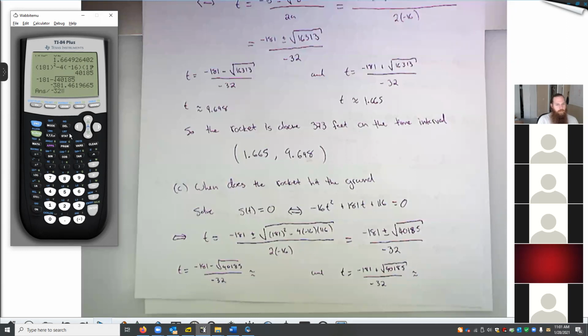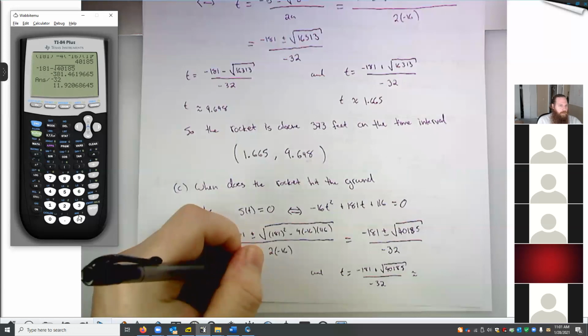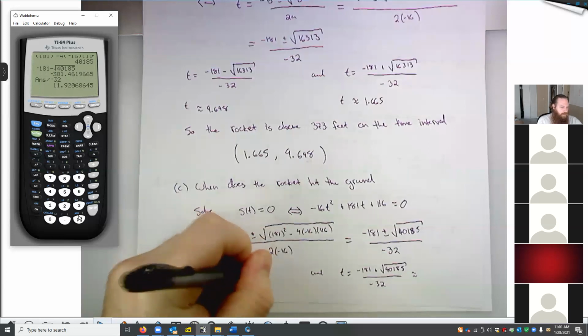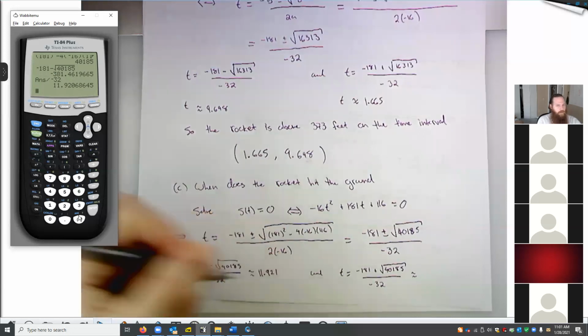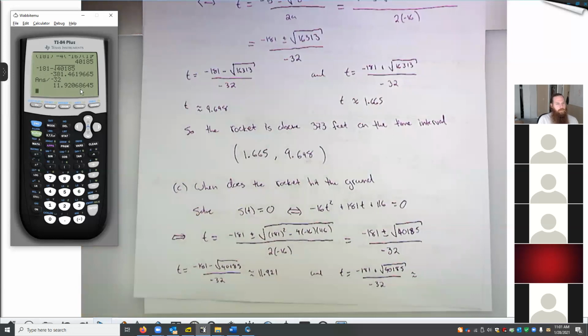Hitting enter in between is a really good idea because it helps you with your parentheses. You don't have to enter as many parentheses and it lets you check one step at a time. So again, I really recommend you do the calculations as I've done them here. I'm getting 11.921 seconds, rounding at the third decimal place, because the 6 is bigger than a 5.